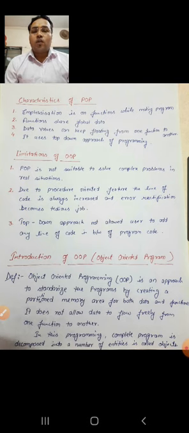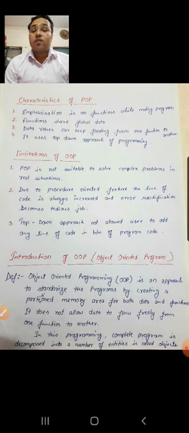But before going on to object, let us know about OOP because I am giving you the introduction of OOP. OOP is an approach to standardize the programs by creating a partitioned memory area for both data and functions.